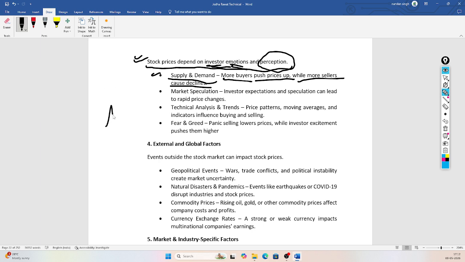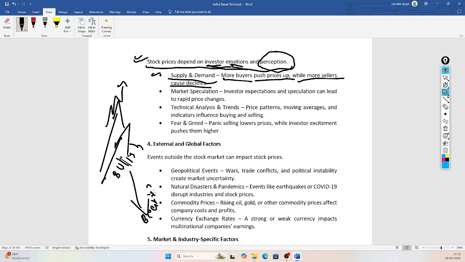There are more buyers and they push it up, which means bullish, and sellers push it down, which means bearish. Just learn these two words, bullish and bearish.